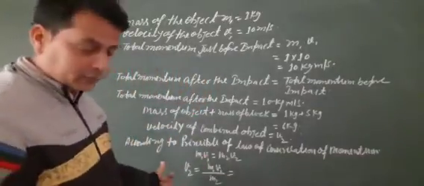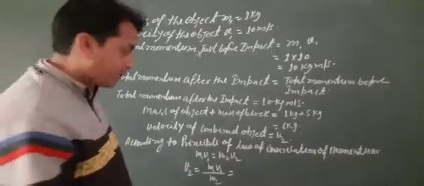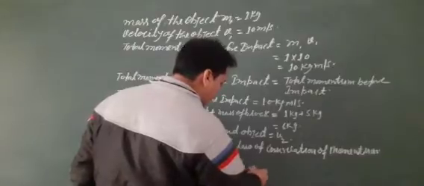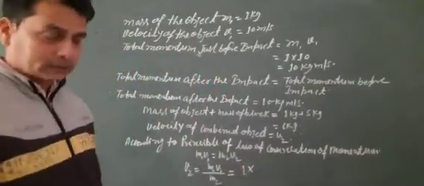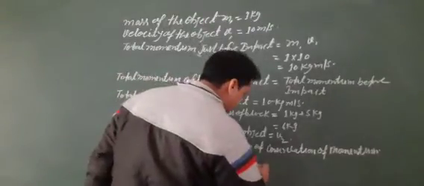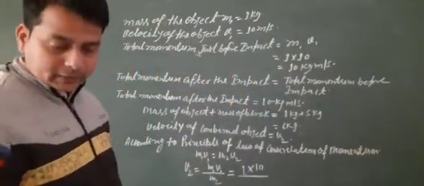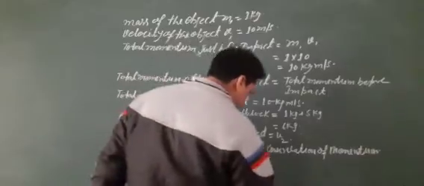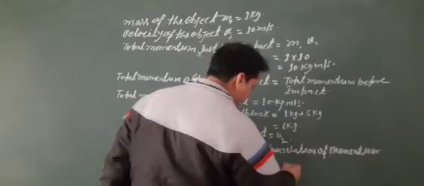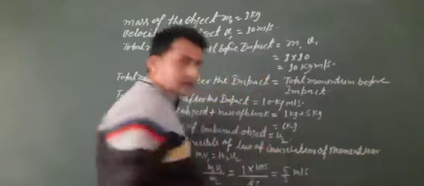Mass of the object is 1 kg, into velocity of the object 10 meter per second, and the mass of the block is 6 kg. Then 5 by 3 meter per second.